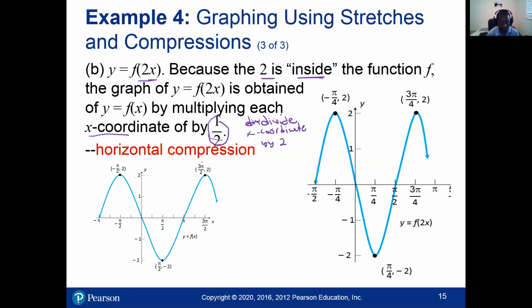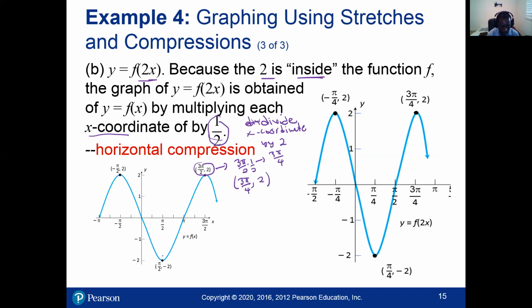Okay, let's consider this point. Now, what does it become? The x coordinate, which is 3 pi over 2, we multiply this by 1 over 2. That becomes 3 pi over 4. So the point is now 3 pi over 4, comma, and the y coordinate does not change.